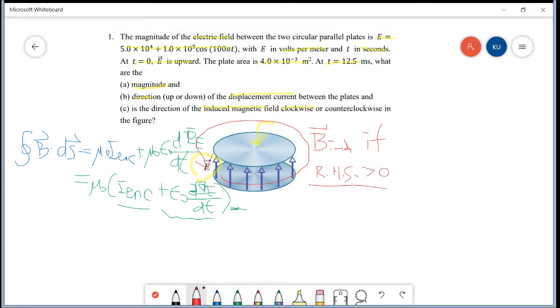If it is negative, then it will be clockwise.